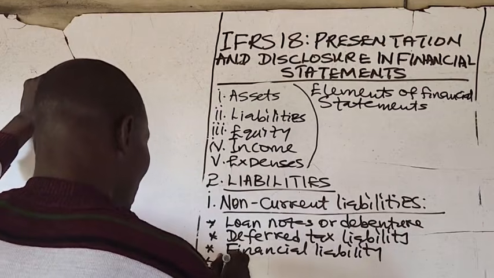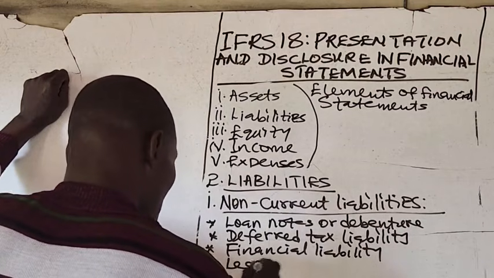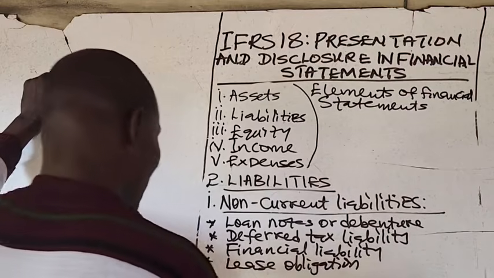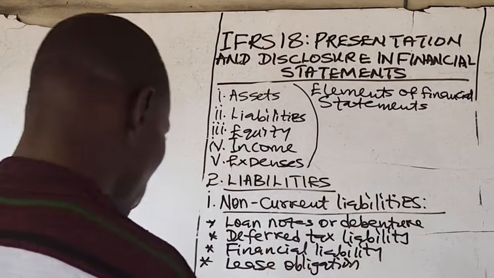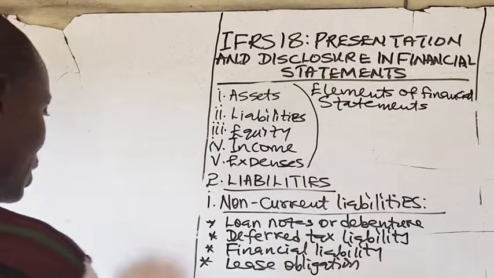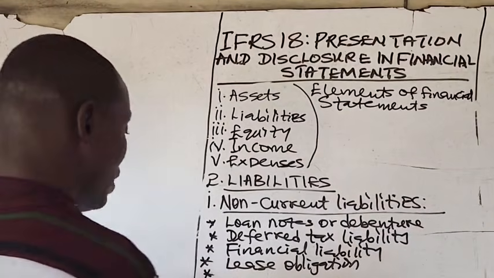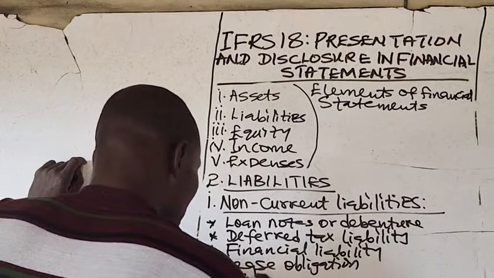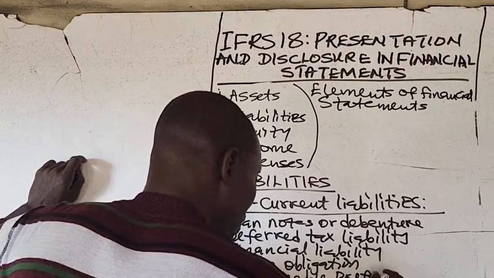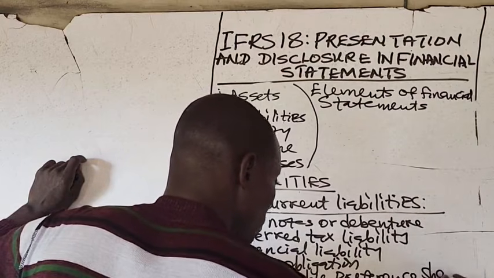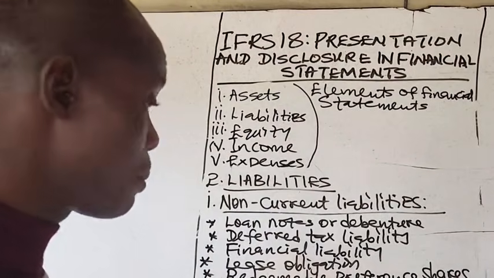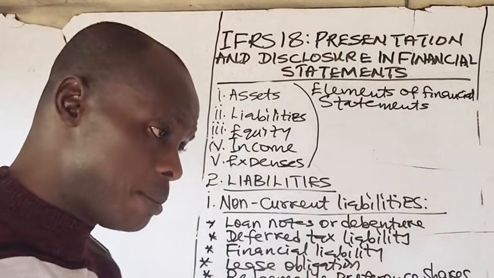Then we have lease obligation. Lease obligations that are not expected to be settled within a period of 12 months, we have them as non-current liability. We also have redeemable preference shares. These are some of the examples of non-current liability.